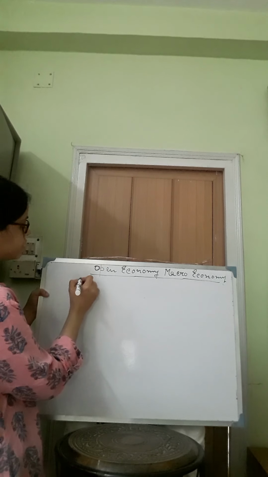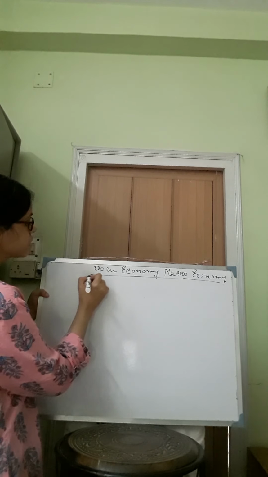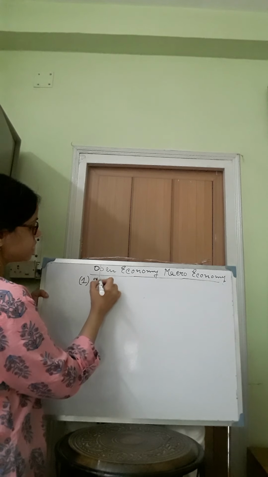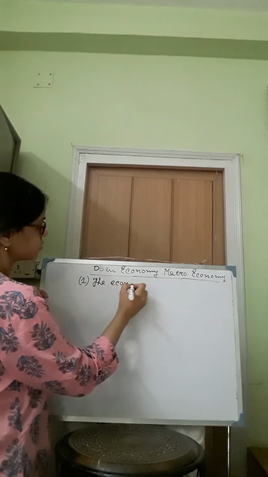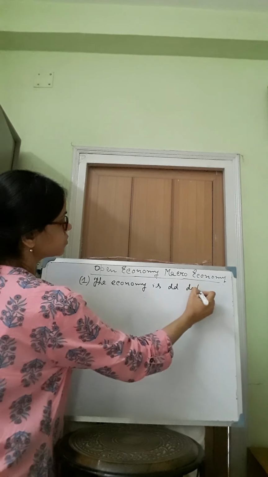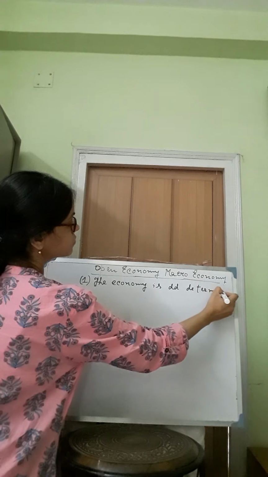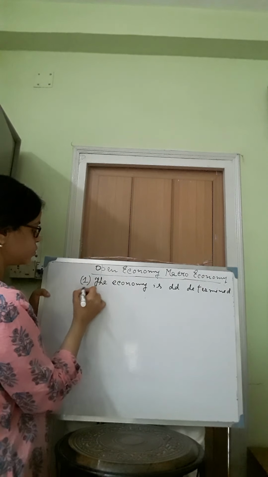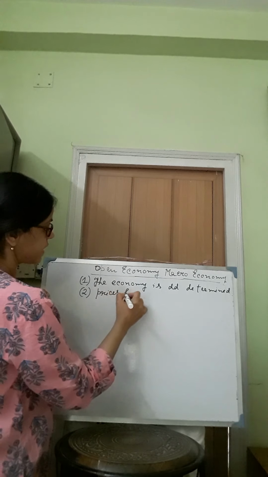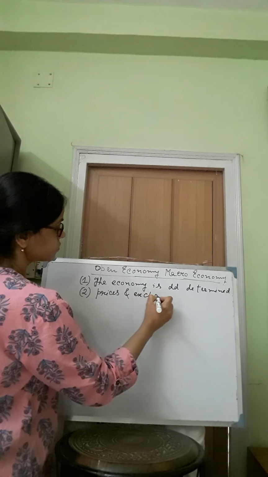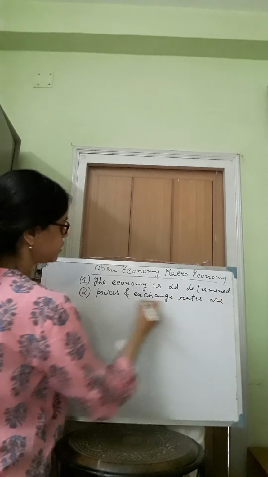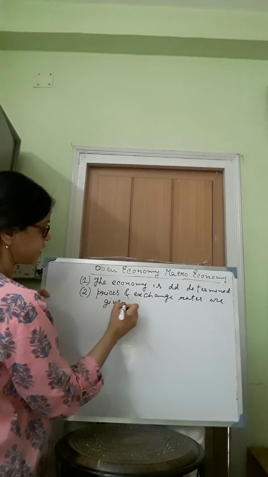So we are starting with simple assumptions. The first assumption is that the economy is demand determined. Number two, the prices and exchange rates are given, that is, they are constant.